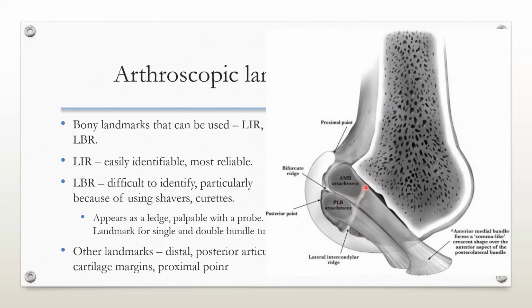As you can see, there is the lateral intercondylar ridge and the bifurcate ridge, dividing the attachment to the anteromedial bundle and the posterolateral bundle. There's a posterior point corresponding to the posterior articular surface of the femur, a distal point corresponding to the distalmost articular surface of the femur, and the proximal point corresponding to the proximal articular cartilage extension of the femur.